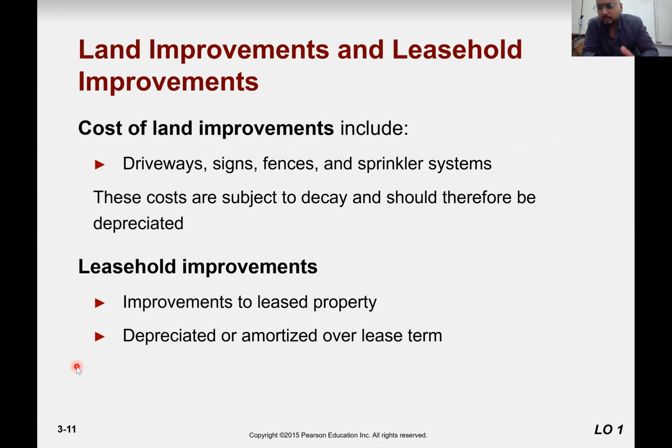If we are using the equipment for more than 75% of its life, then we treat that as our asset. If we are using it for less than 75% of its life, we say that no, this is just like a rent. For example, you rented this building for 50 years and the life of this building is 60 years.